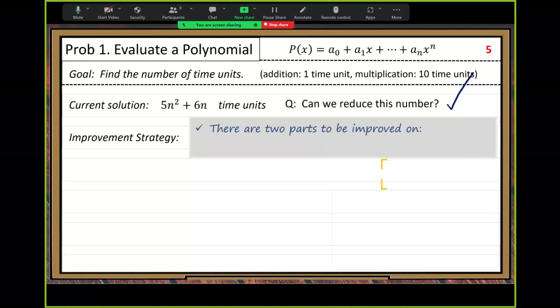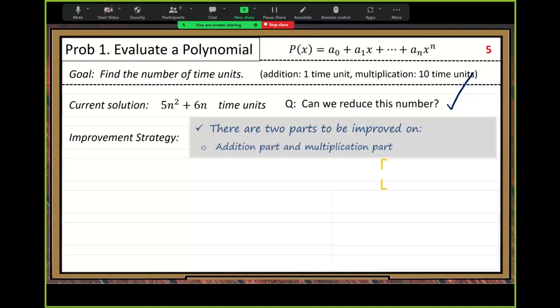There are two parts to be improved: the addition part and the multiplication part. Which part should we spend our effort on? Should we spend most effort on the addition part or the multiplication part? Think about it.